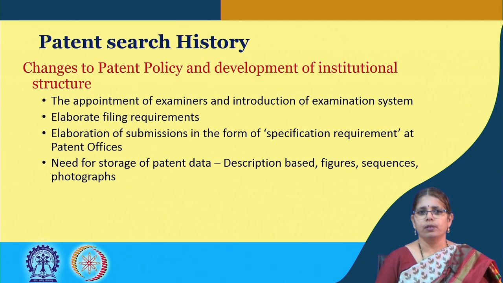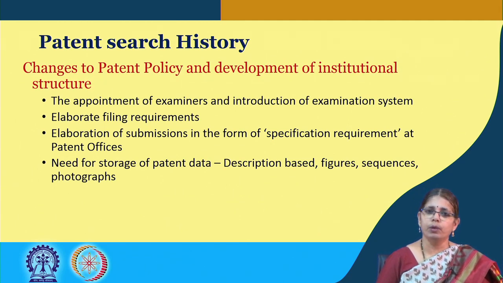Some of the earliest patents were maybe 1-page or 2-page documents. With the development of what we call the elaboration of specification norms, patents needed to be written in a very elaborate fashion. In the earlier lectures, we have talked about different categories of technical data. So many different categories of technical data were not captured in some of the very early patents.